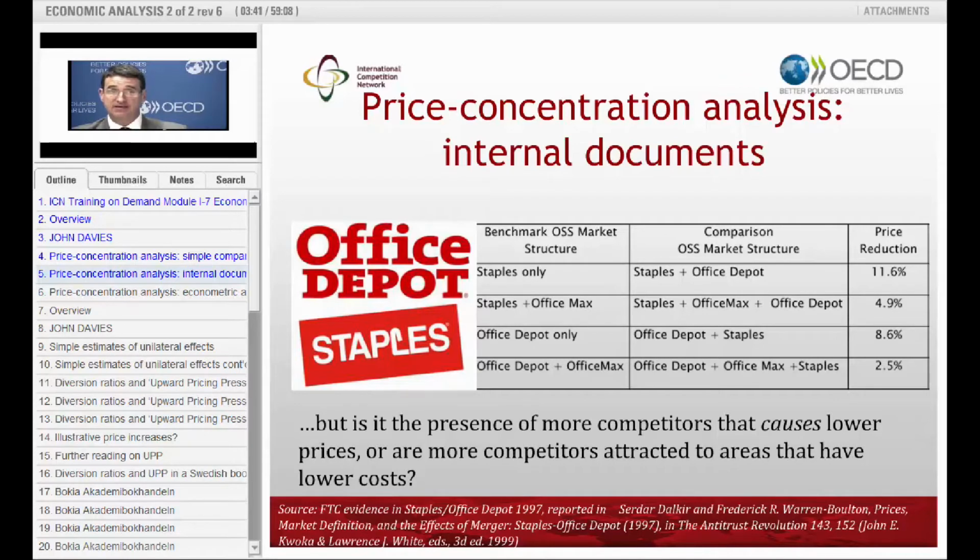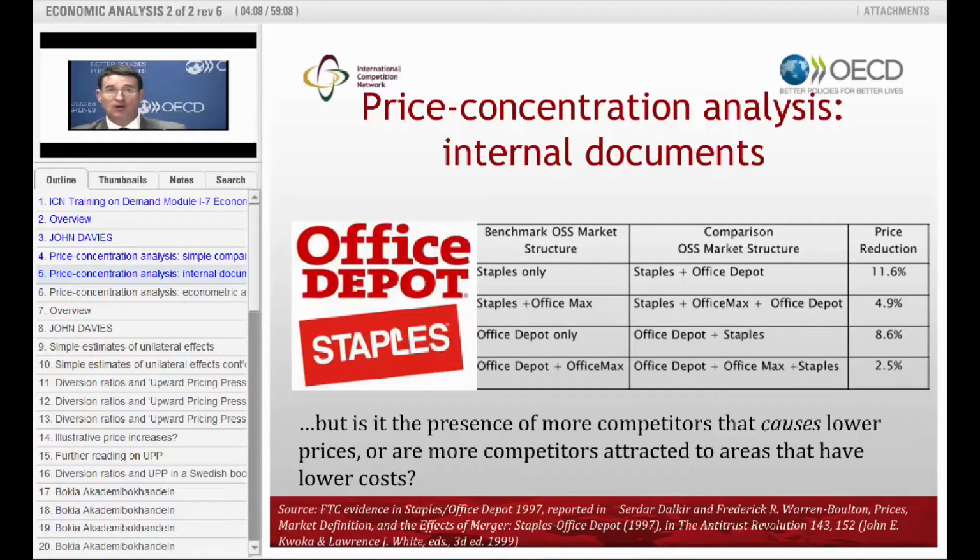If we take this table at face value, you could conclude that the merger of Staples and Office Depot would result in prices rising by 11.3% in areas where currently they are the only OSSs, so that would be a 2-to-1 merger, and by 4.9% in areas where both brands currently compete, but also face Office Max in a 3-to-2 merger. So this all seems very simple.